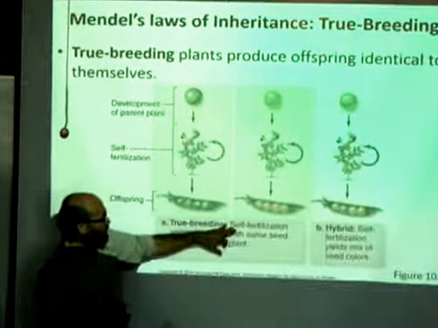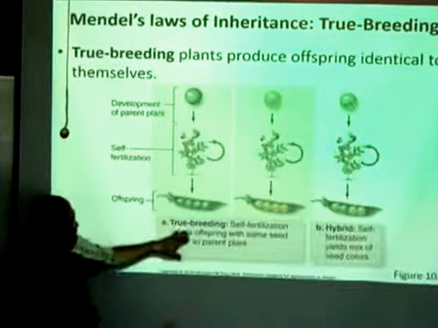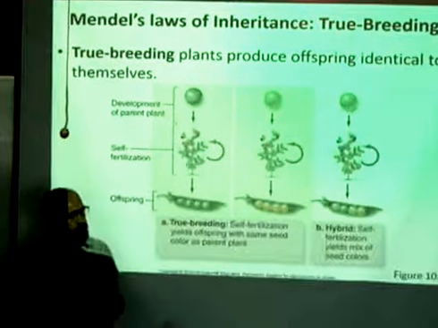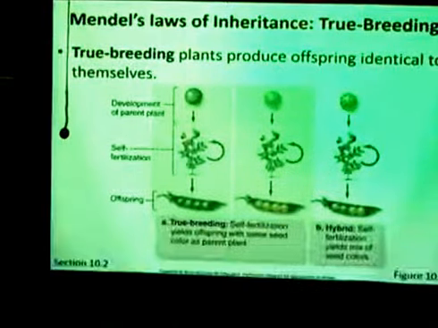So they will be the same. If you take green seeds and sow them and allow them to self-fertilize, when the new seeds are made from them at the end of the season, they will also be green. If you take yellow ones and at the end of the season they produce more seeds which are yellow in color, that is called true breeding, meaning there is no change that has been introduced in them from one generation to the next generation.